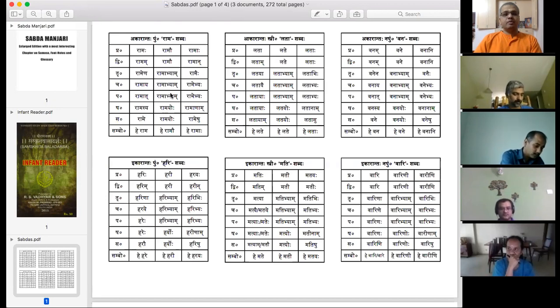For two people, or two entities, when you want to say two Ramas, you have to use the words in the second column: Ramau, Ramabhyam, Ramayoho, He Ramau.